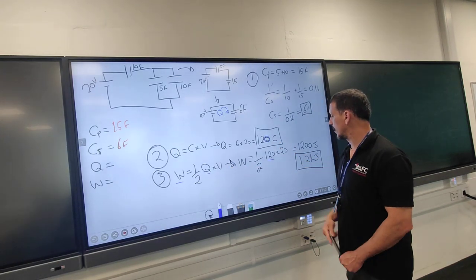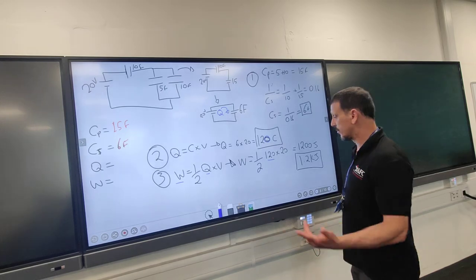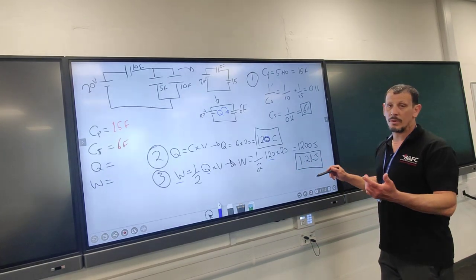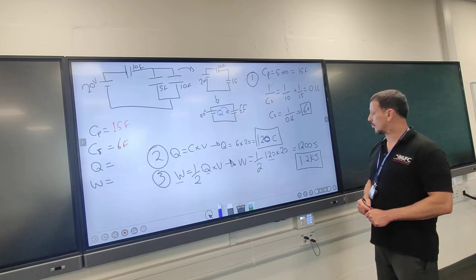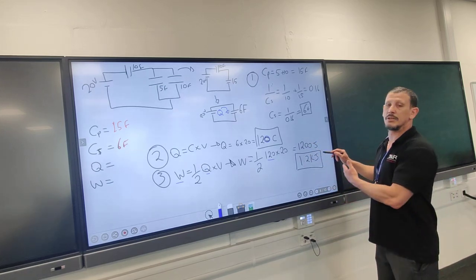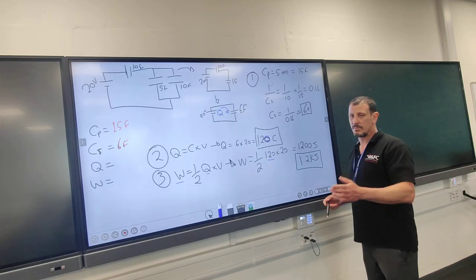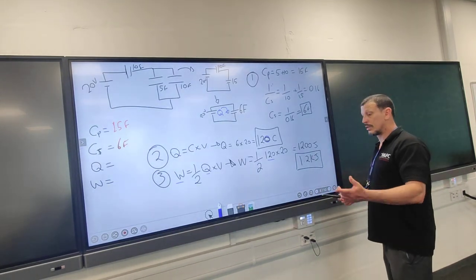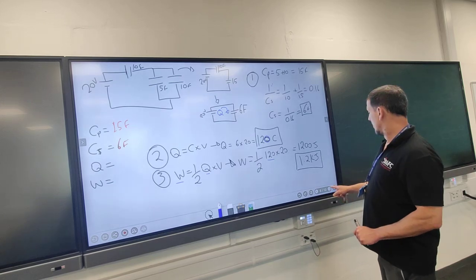We put it in the formula. And the voltage is 20 volts, given in the question. So 120 times 20 divided by 2 equals 1.2 thousand joules. So 1,200 joules, or you can write it 1.2 kilojoules. Remember that kilo is 10 to the power of 3. It's good to use engineering notation. It shows that you have knowledge and you understand what you're doing.